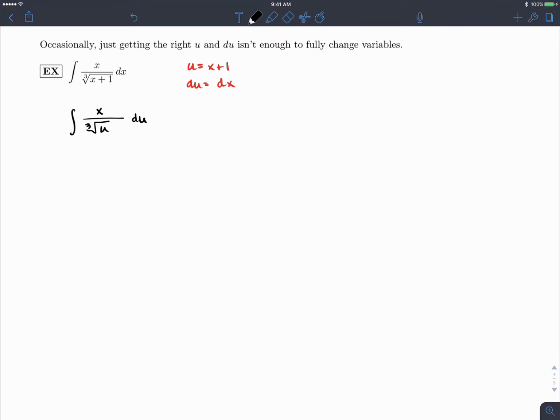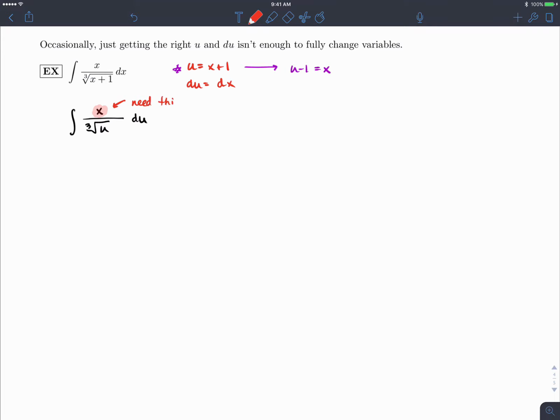Now, in this particular instance, if we were to notice that the statement that we have up here about u could be modified to help us get x in terms of u. So we're going to do a little bit of manipulation here. I'm going to subtract 1 from both sides, and we get u minus 1 is equal to x. So since this was our problem, we needed to get this in terms of u.